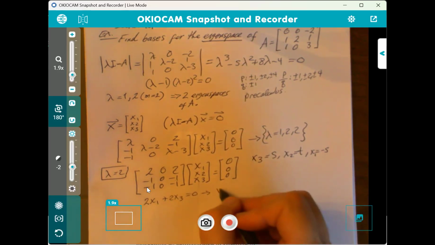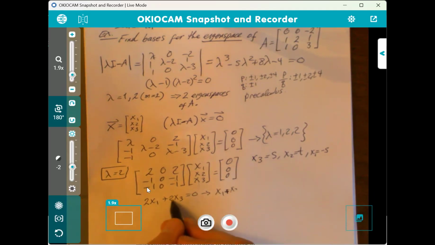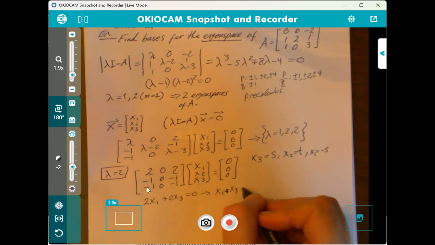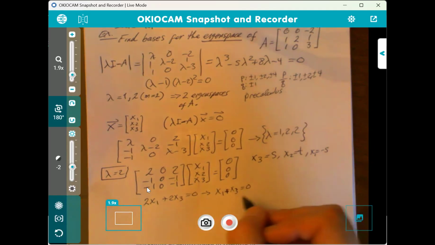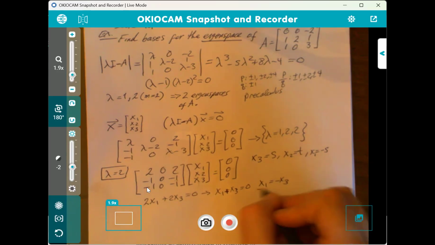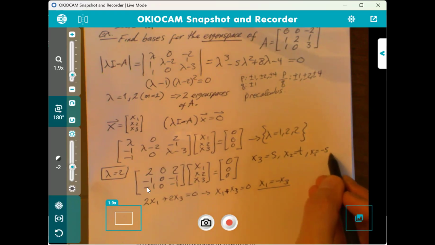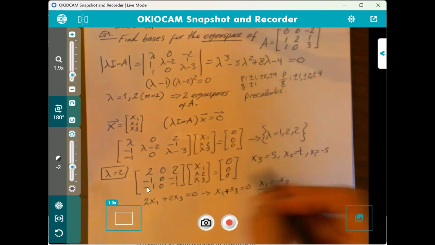So from this, x1 plus x3 equals 0, and therefore x1 equals -x sub 3. So if x sub 3 is s, x sub 1 would be -s. So that's how I solve this.